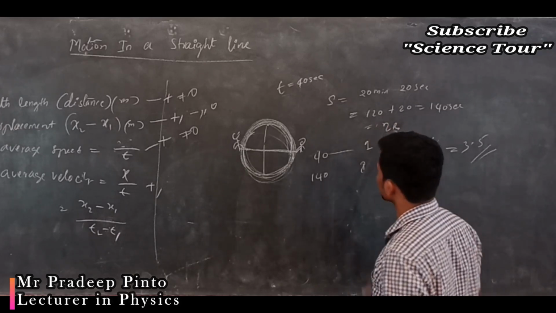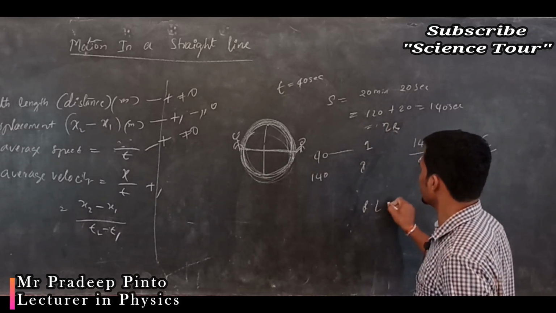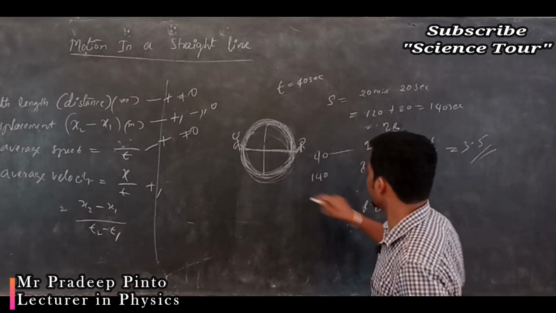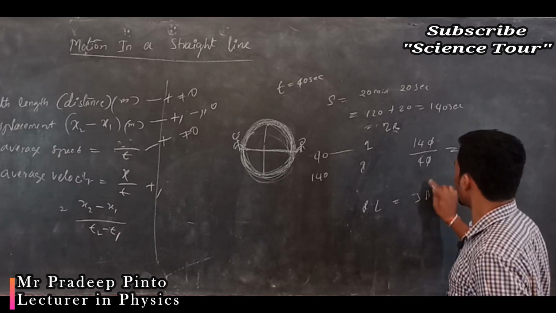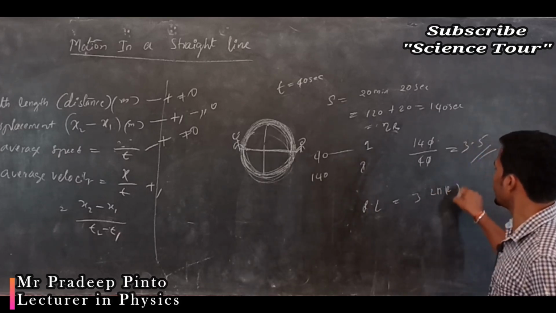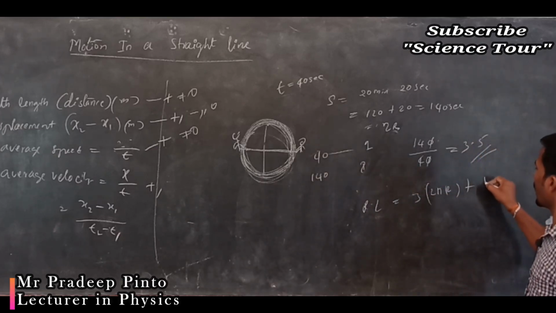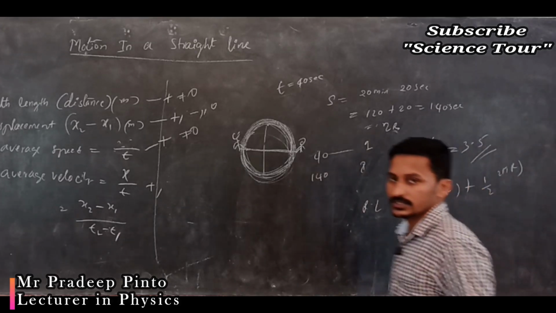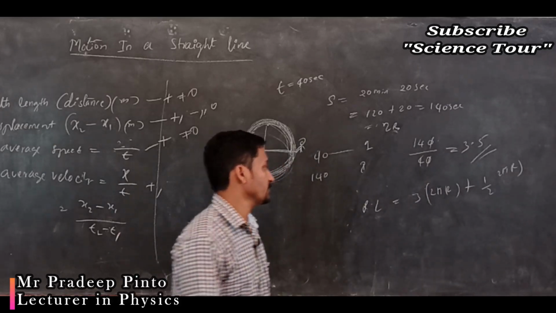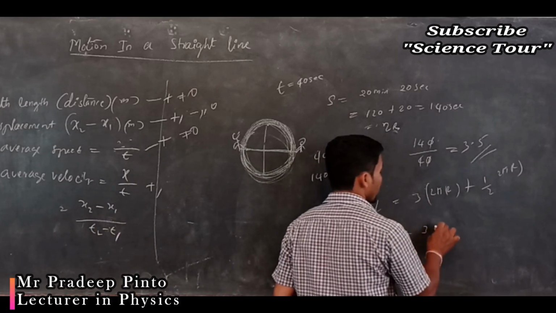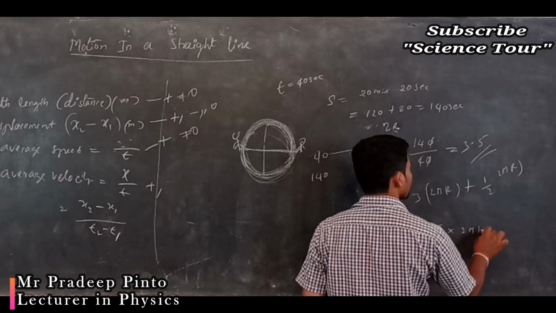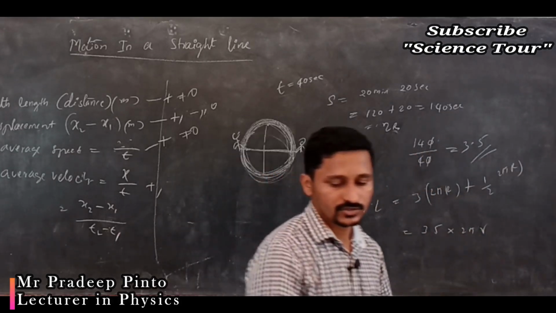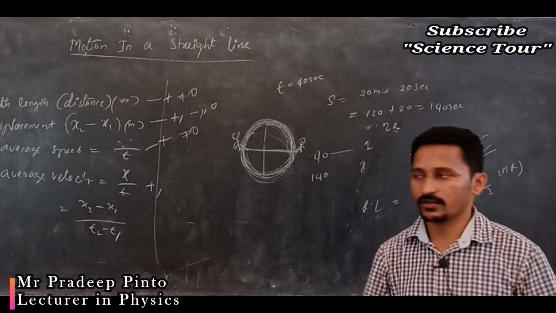Displacement is 2r. What is the path length? Path length is 3 times 2 pi r plus half of 2 pi r, that is 3.5 times 2 pi r. Like that you have to calculate. So that is displacement and path length.